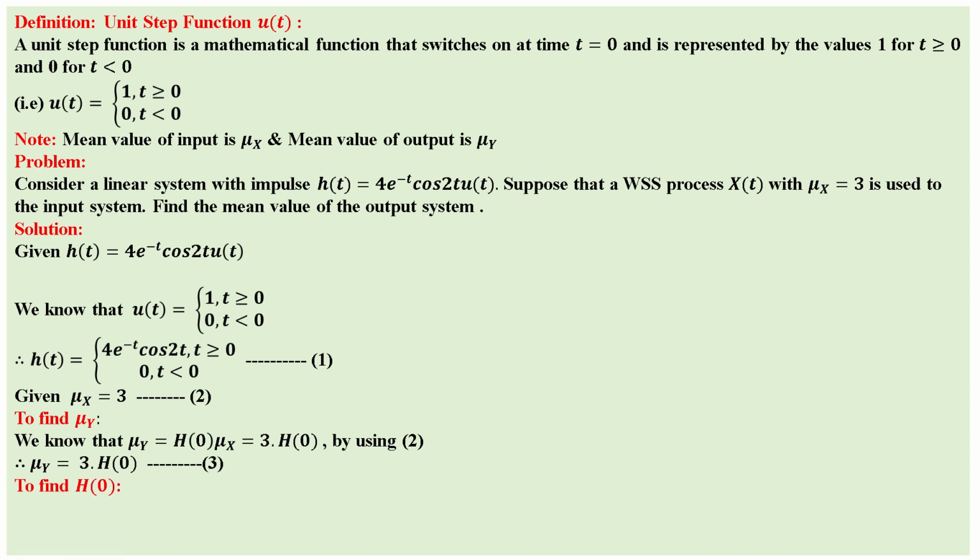To find H of 0, we know that H of omega is the Fourier transform of h of t, which is equal to the integral from minus infinity to plus infinity of h of t e power minus j omega t dt. So H of 0, replacing omega by 0, we will get the integral from minus infinity to plus infinity of h of t dt, because e power minus 0 is 1.